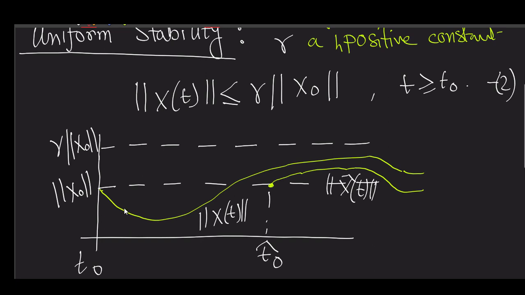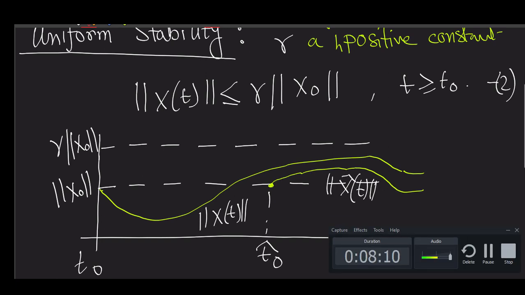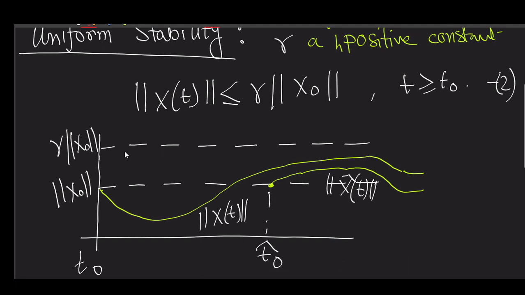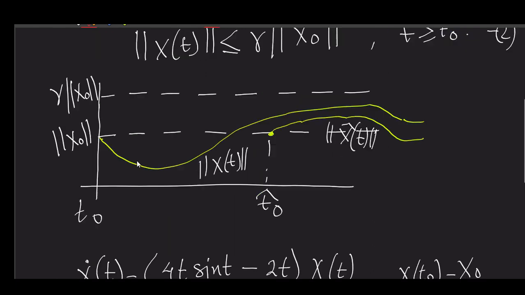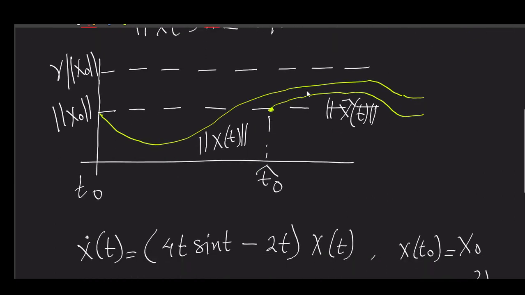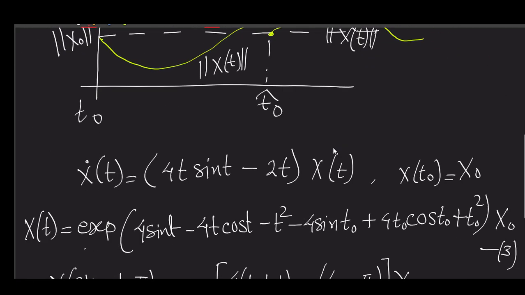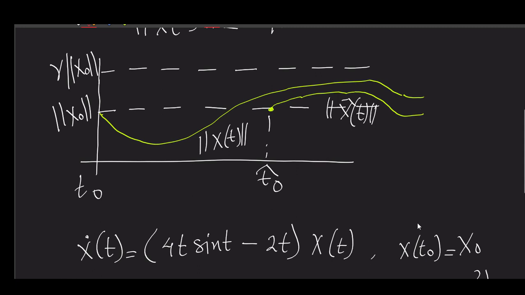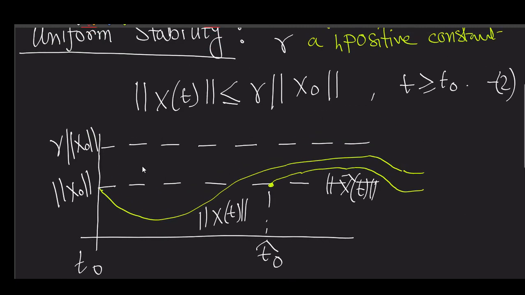For t naught we have this trajectory, and for t naught cap we have this one. We can see that both of them are upper bounded by gamma times x naught. One thing I would like to make very clear is that not only two, for a uniformly stable system we can have numerous other initial conditions, but all the trajectories must be upper bounded by gamma times x naught, correct?